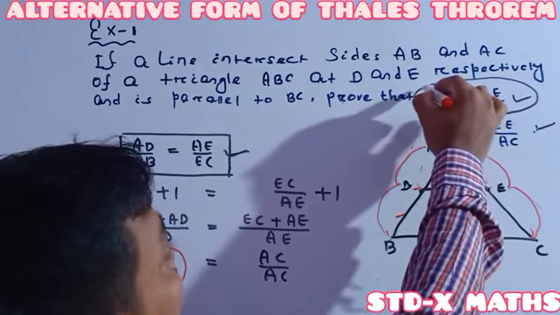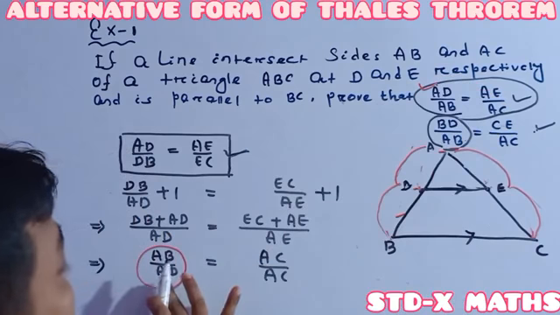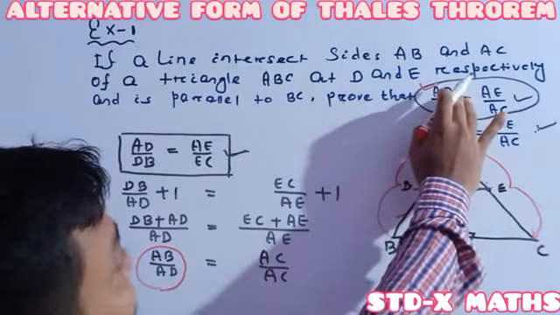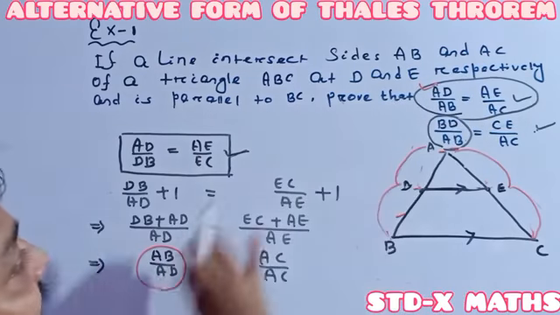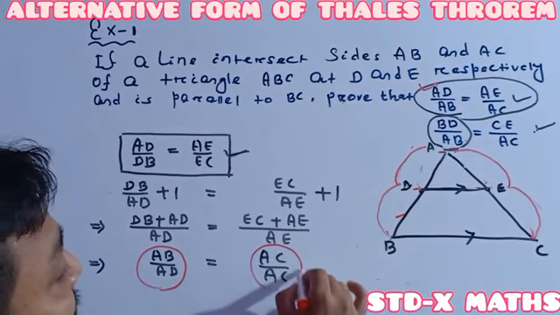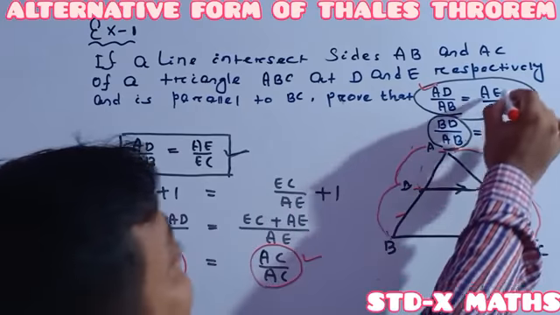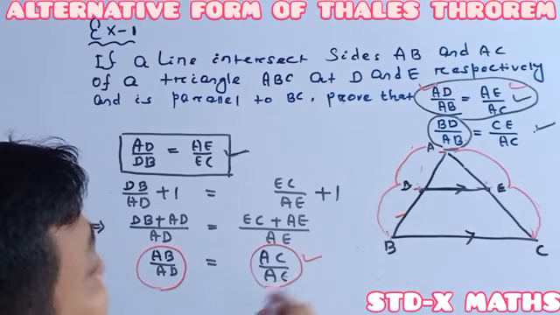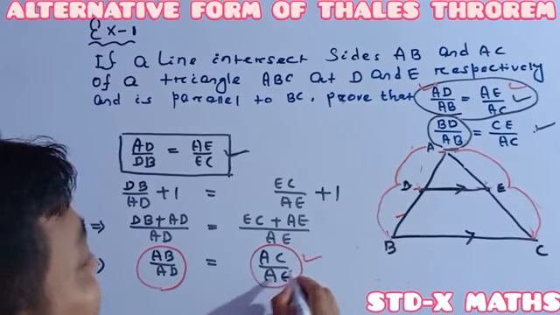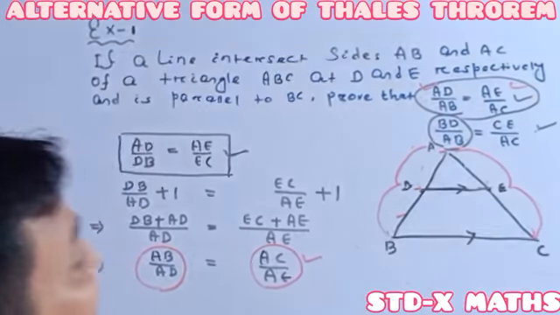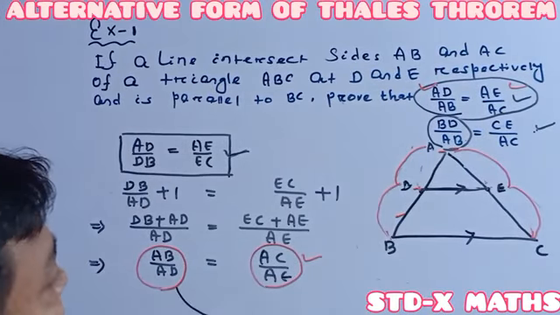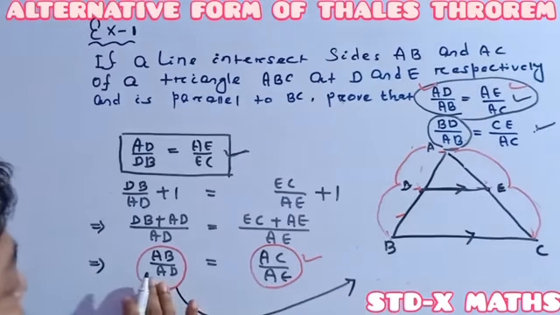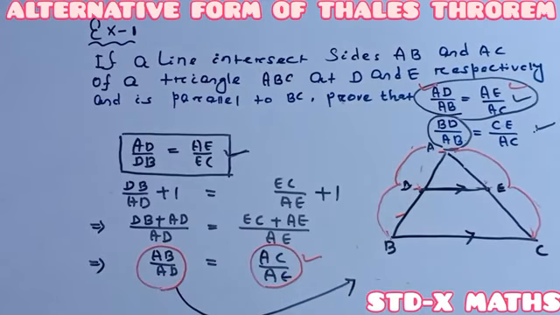Just see the left side. This result and what is asked are reciprocals of one another on both sides: here it is AC by AE, but what is given is AE by AC. So in the next step, I take the reciprocal of the left side and of the right side.